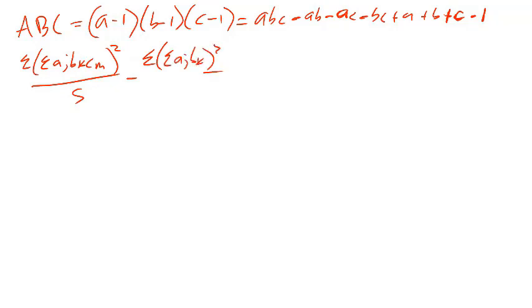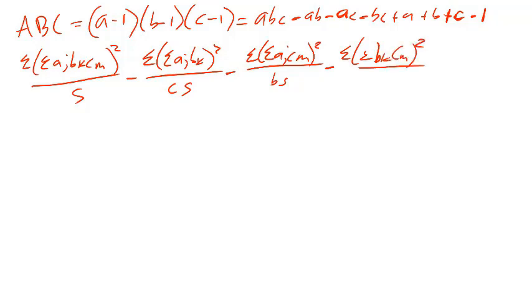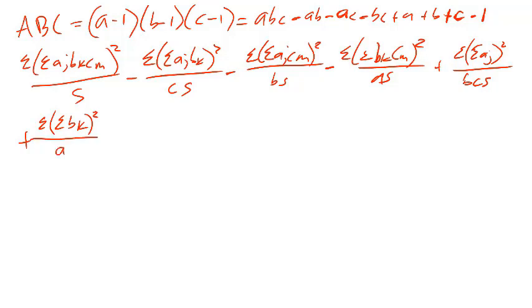AJBK squared over CS minus the sum of AJCM squared over BS minus the sum of BKCM squared over AS plus the sum of AJ squared over BCS plus the sum of BK squared over ACS plus sum CM squared over ABS minus T squared over ABCS.